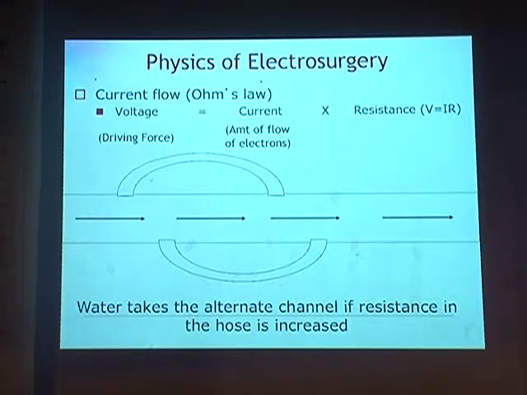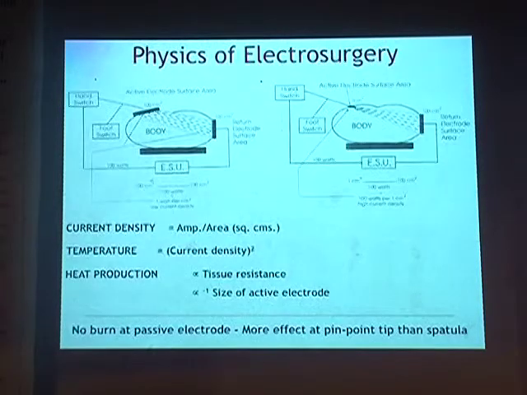This is another phase. If the normal pathway of electricity is blocked, suppose we are putting some energy in some tissue which does not pass the electricity, it will take an alternate path, just like water flow. So we should take care of this. Another thing to keep in mind when we apply any energy source is the current density.